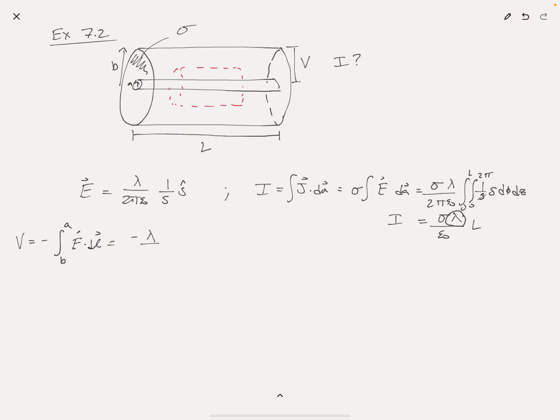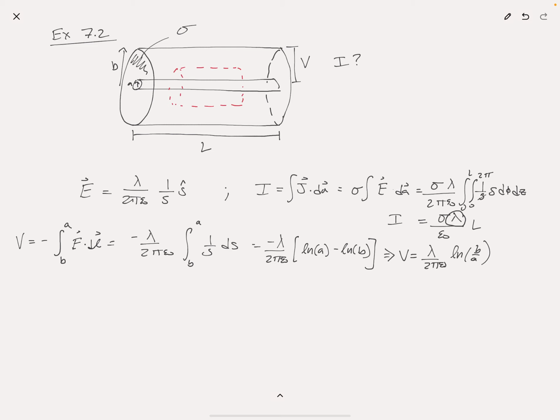That is minus lambda over 2 pi epsilon naught, integral of 1 over s ds from B to A. That becomes minus lambda over 2 pi epsilon naught, natural log of A minus natural log of B. Combine those natural logs and that negative sign, and I'm left with that potential being equal to lambda over 2 pi epsilon naught natural log B over A.